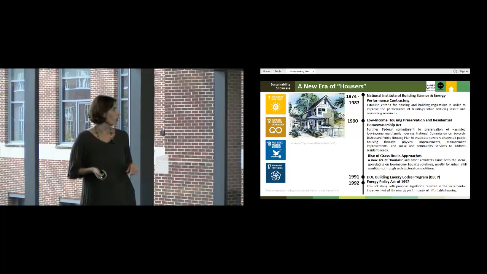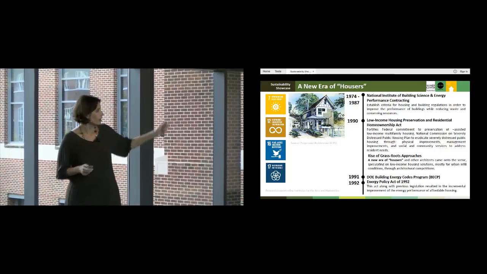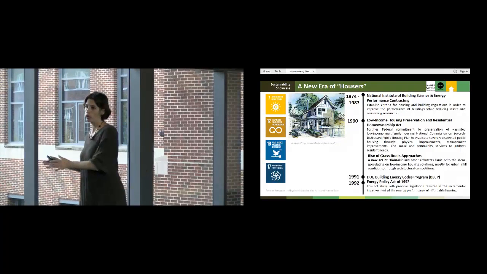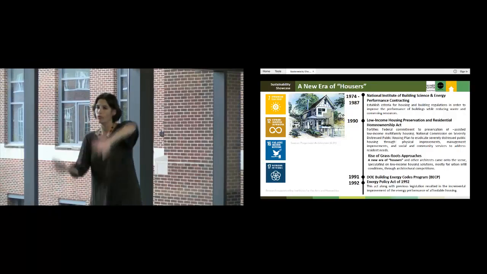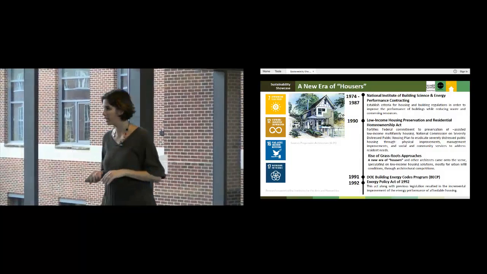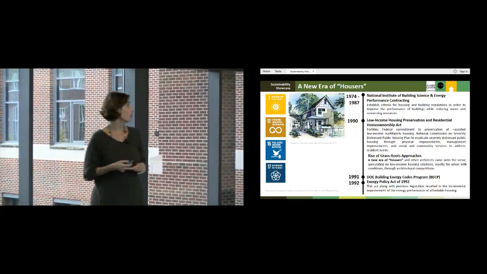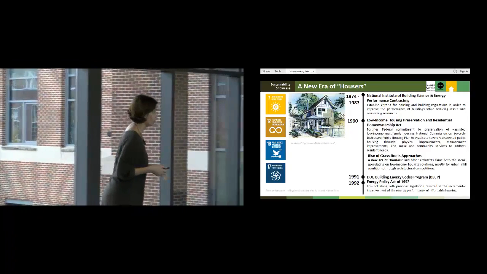And we really saw at this time money moving away, but a grassroots approach, people stepping up into action to take some responsibility for the housing that we develop and how that moves forward.